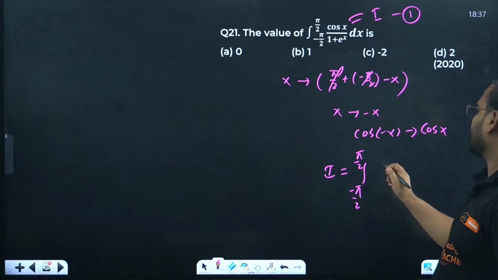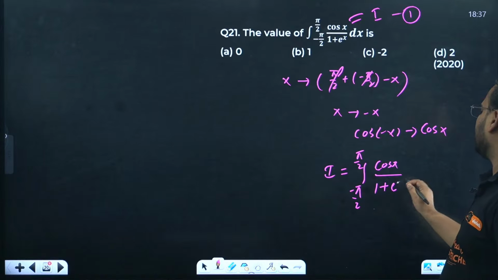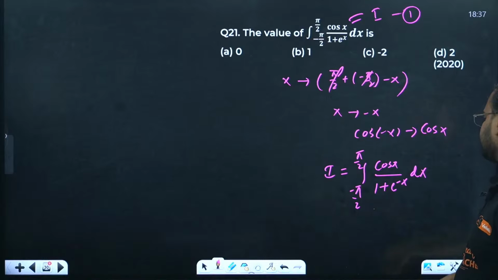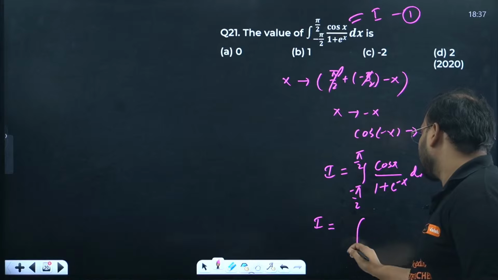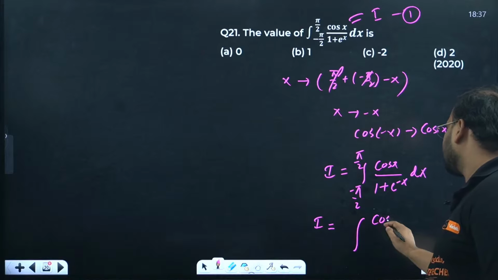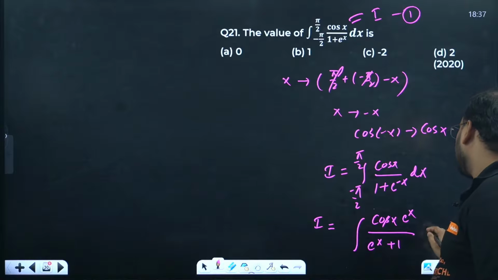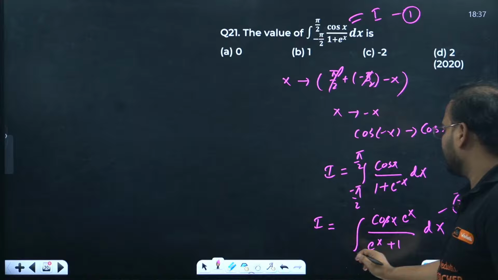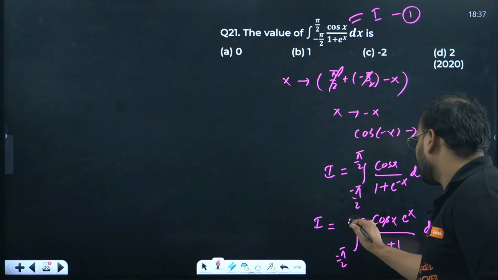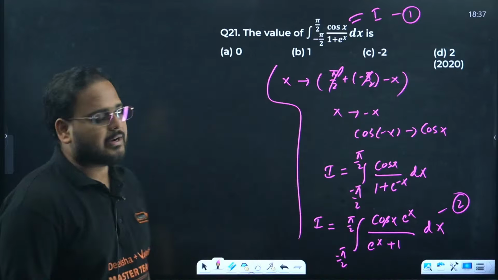And this will become cos x only, and over here you'll have 1 plus e power minus x dx. I would like to make the denominator the same. For that I'll multiply e power x everywhere. So I get I equals, limits remaining the same, cos x e power x over e power x plus 1 dx. Equation number 2. Limits remain the same. Now add equations 1 and 2.